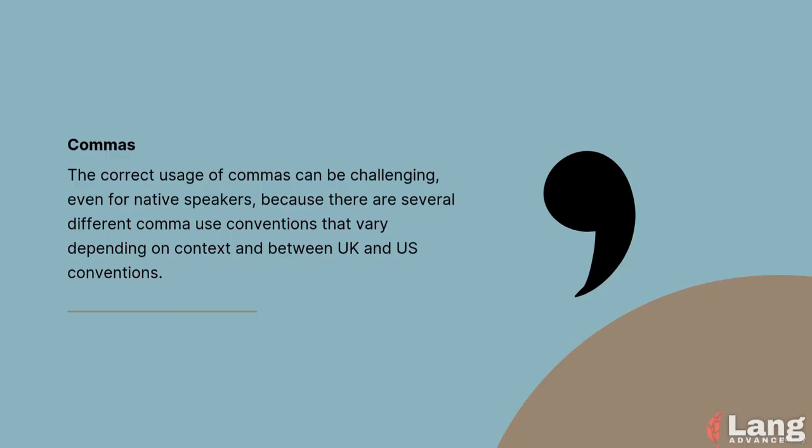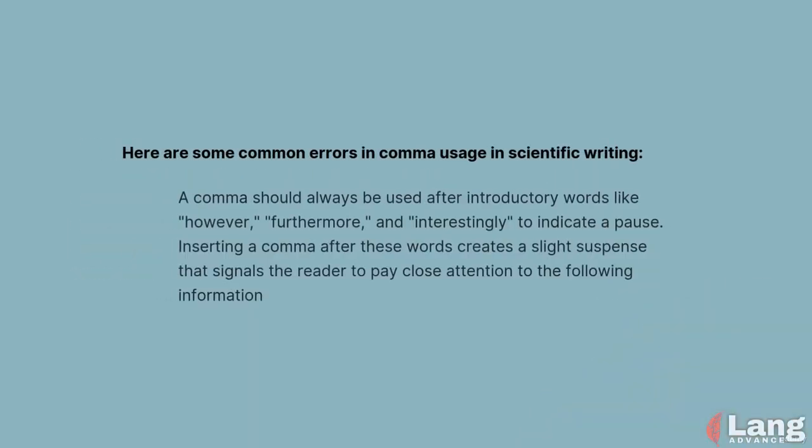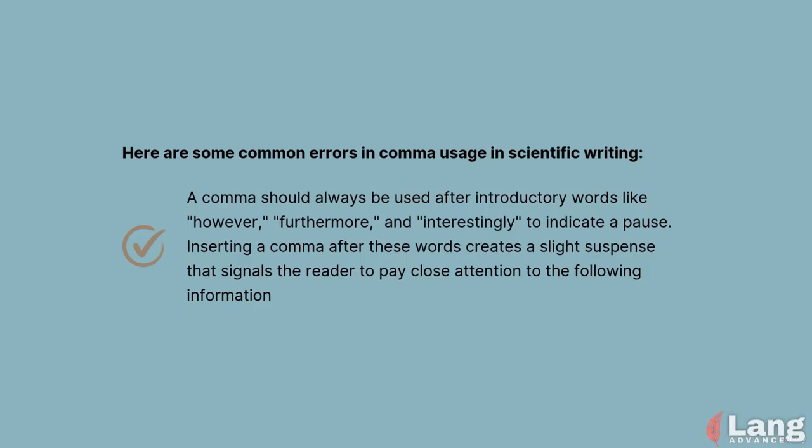Commas. The correct usage of commas can be challenging even for native speakers, because there are several different comma use conventions that vary depending on context and between UK and US conventions. Here are some common errors in comma usage in scientific writing.